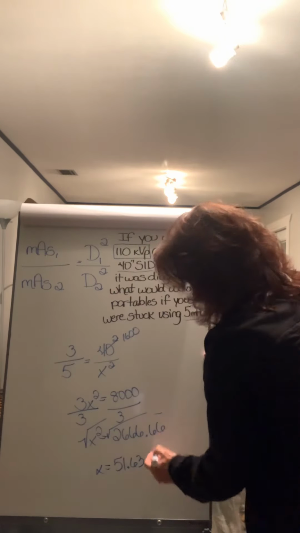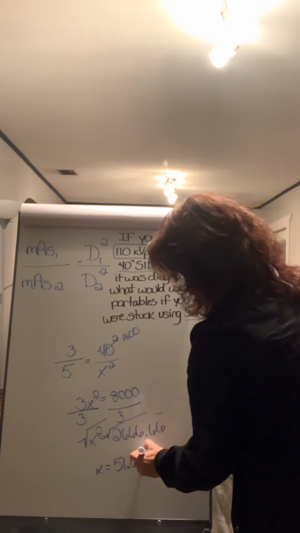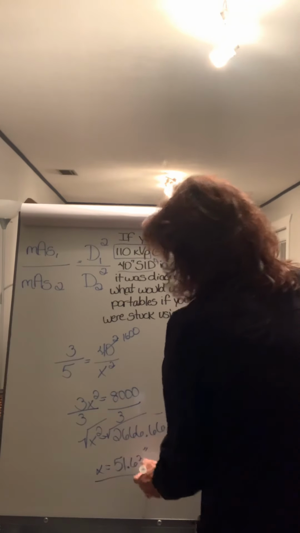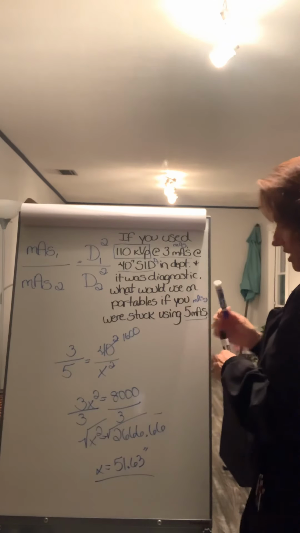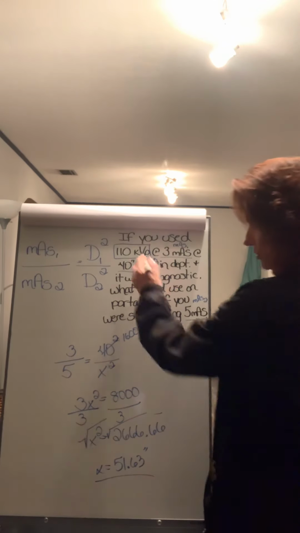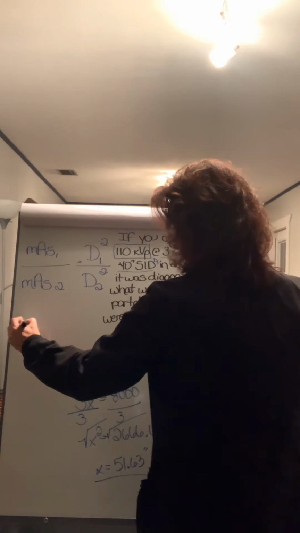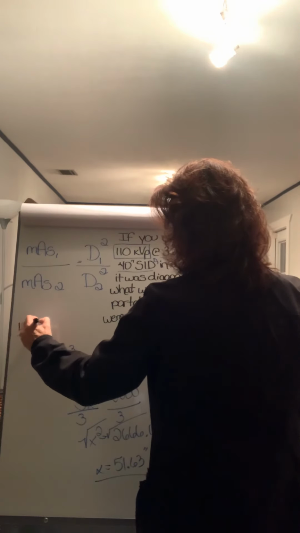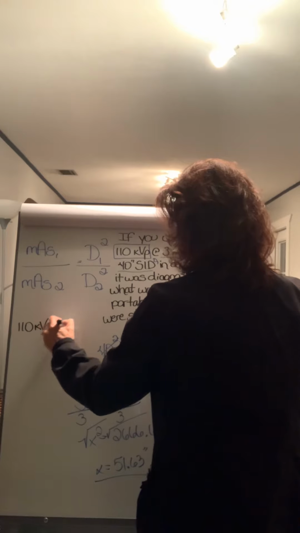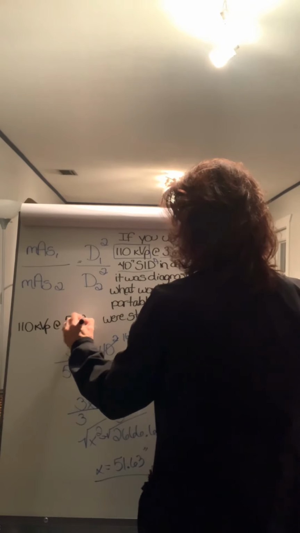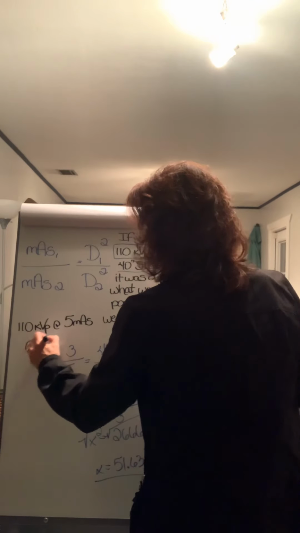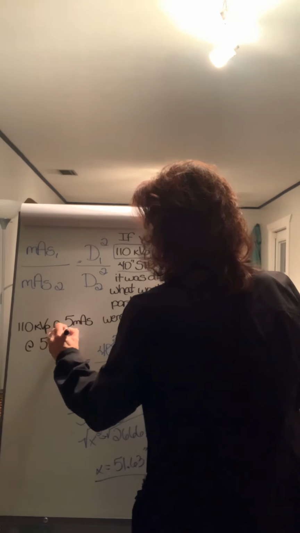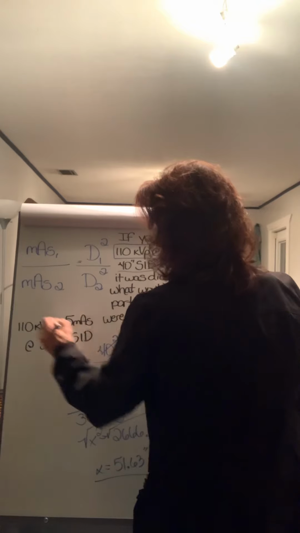We'll just cut it there, and that would be inches. So if we were stuck at 5 mass, we'd have to move to that distance. So on portables, you would use 110 kVp at 5 mass at a 51.63-inch SID.